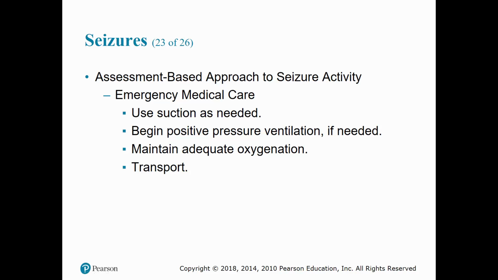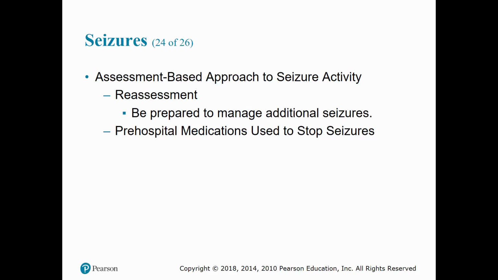Use suction if need be. Begin positive pressure ventilation if needed. Maintain adequate oxygenation and transport. Just because they come out of a seizure, just keep in mind that they may have another one, so be prepared to manage that.